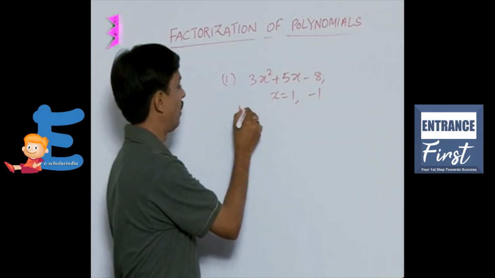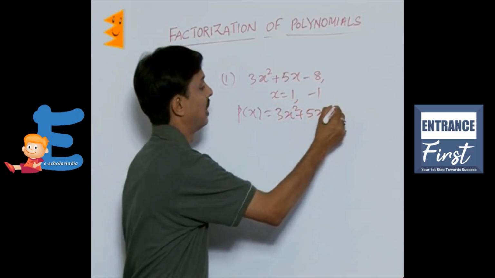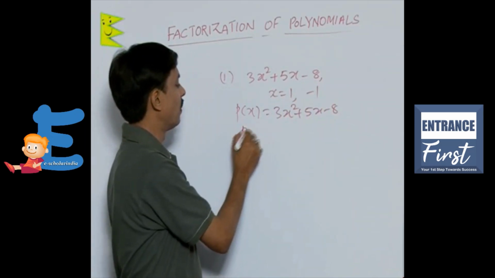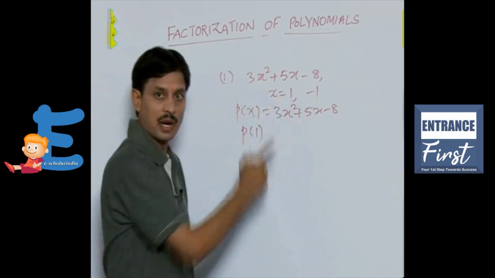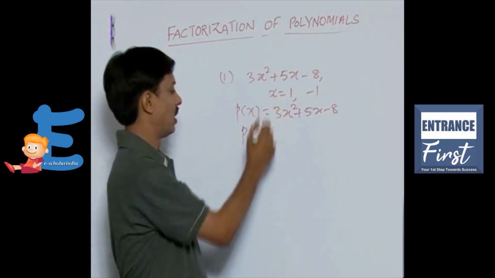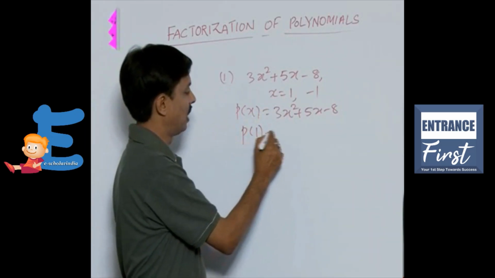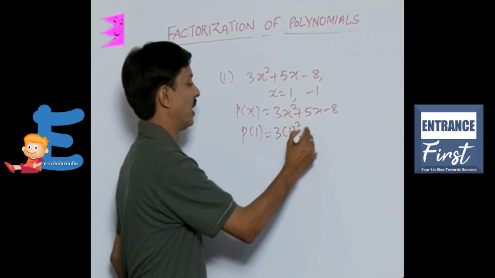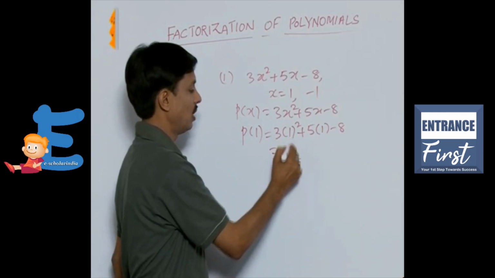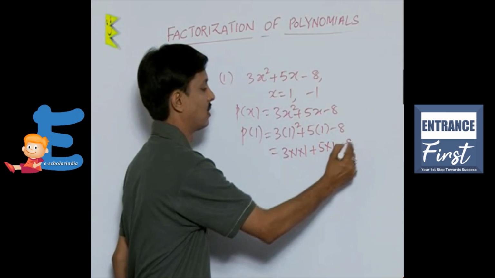So, first of all, I will assume p(x) is equal to 3x square plus 5x minus 8. Now the question raised is p of 1, because the first value to be checked as 0 or not is 1. I am putting x equals to 1 on both sides, so p(x) becomes p of 1, which is 3 into 1 square plus 5 into 1 minus 8.